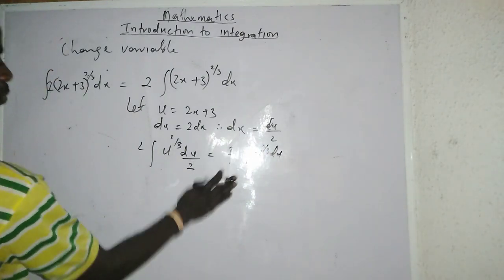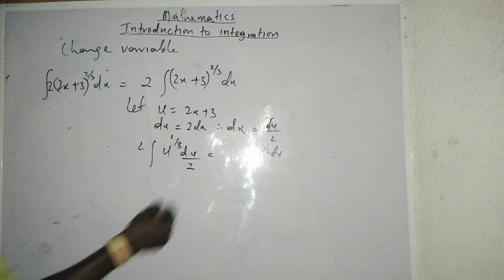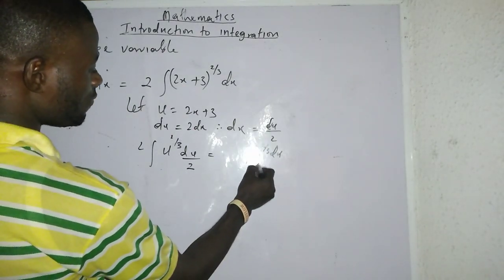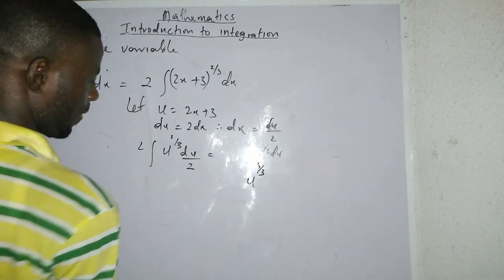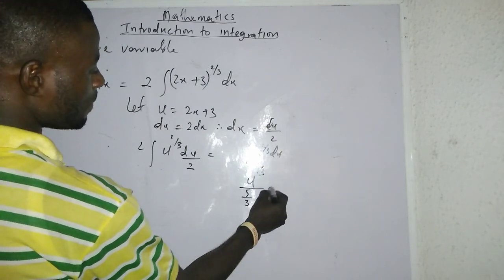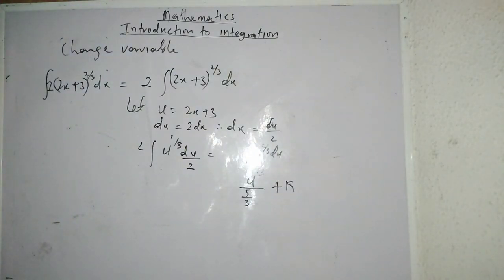This will surely cancel themselves, which is equal to 1. Now, I cannot integrate, so I will add 1. It will be u raised to power 5 all over 3 divided by 5 all over 3, plus k, because it's an indefinite integral.